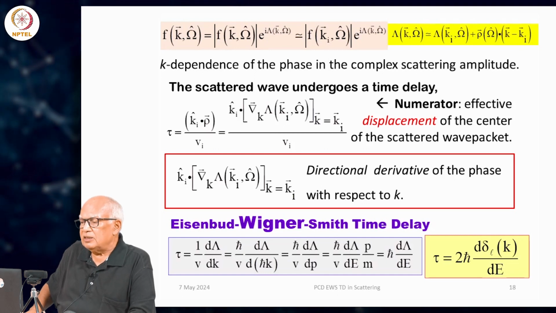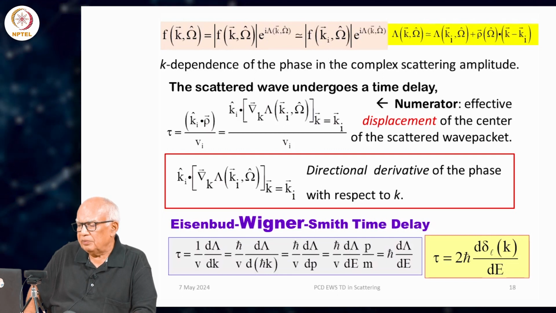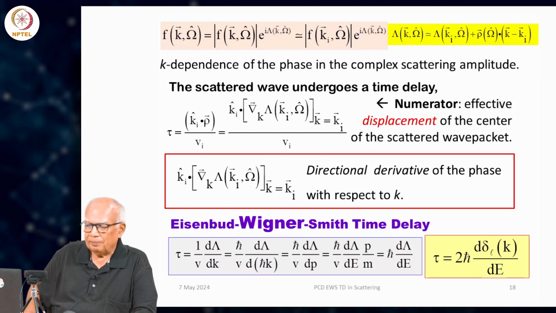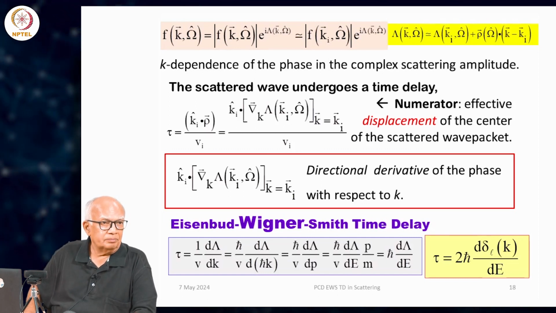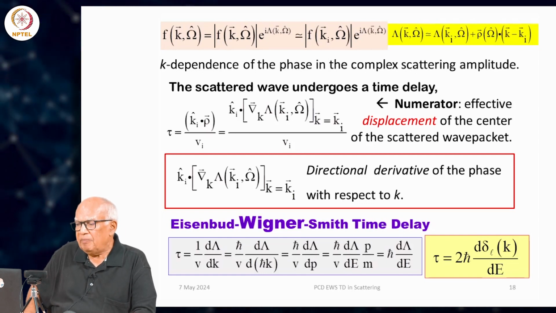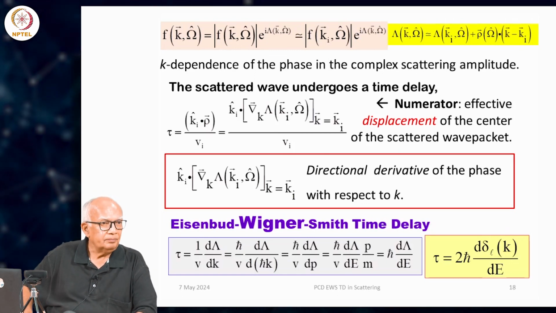H cross is an important term. In atomic units it will go away, does not matter, but the factor 2 is an important one. It is h cross times d by dE of twice delta, okay.